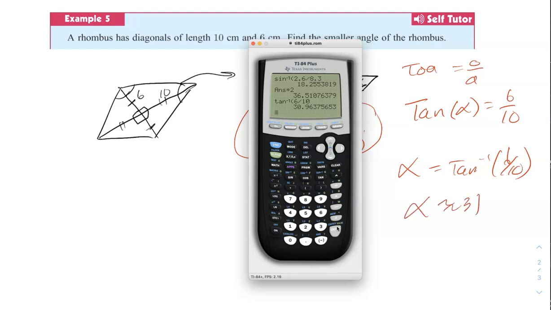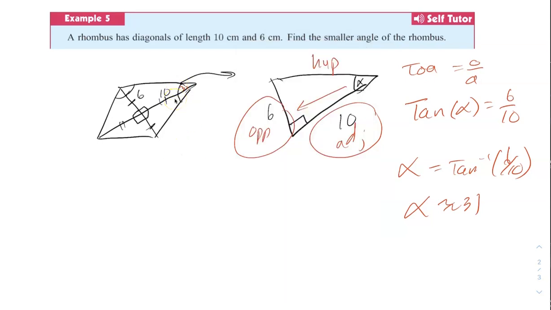So this angle here would be 31. Now, I think they mean the whole smaller angle of the rhombus, so we're going to times it by 2. Equals 62. That's the smaller angle of the rhombus. So we get that.